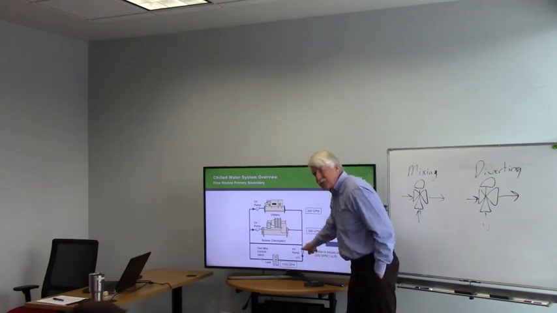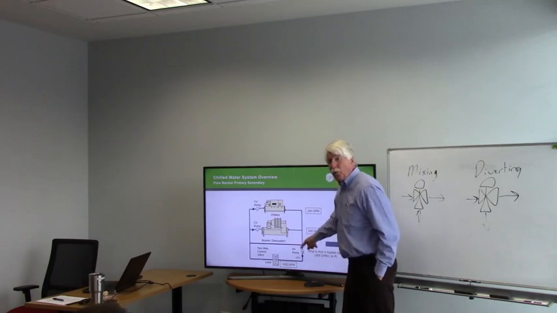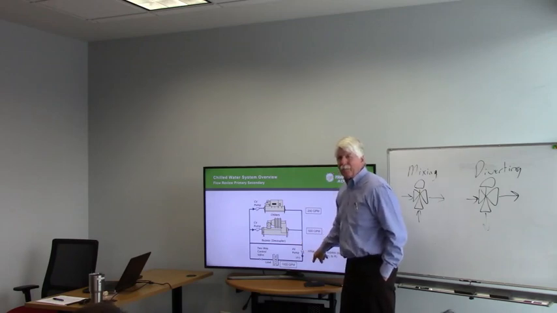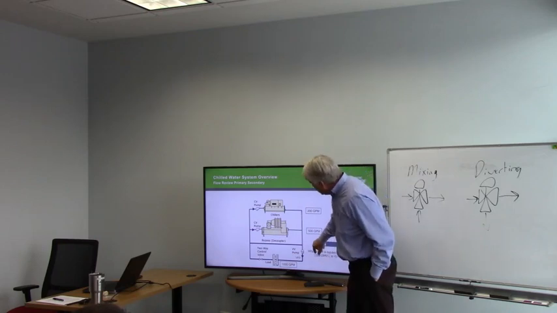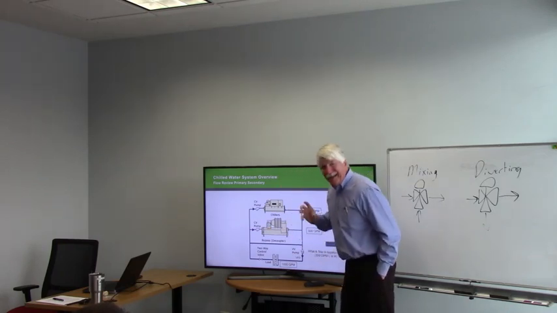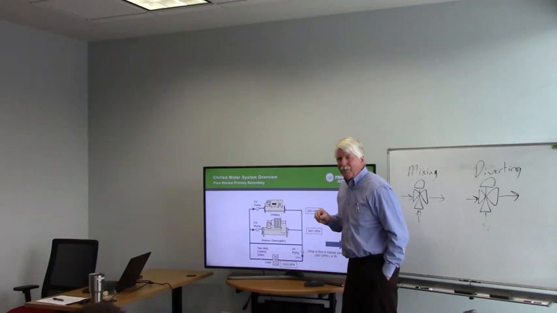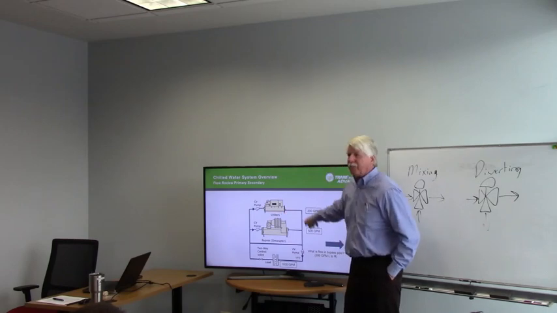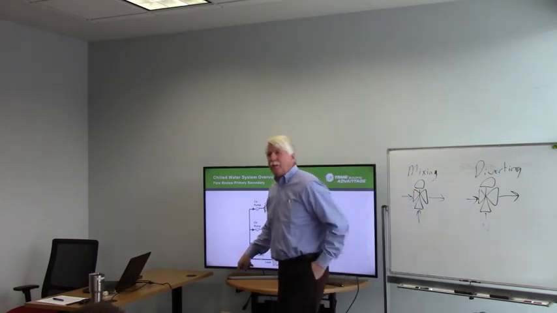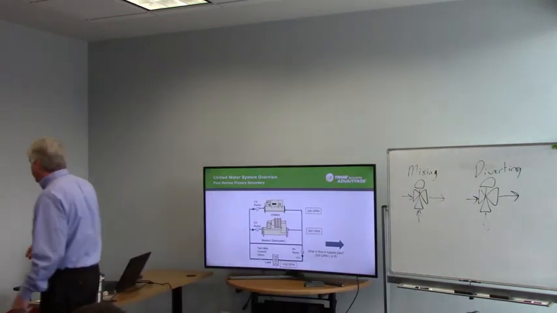And then I grab that same water with another pump and I do some more work on it. I move it again. So that means these pump inefficiencies are added. So my system efficiency goes down the more often I run it through a pump, because pumps aren't 100% efficient.